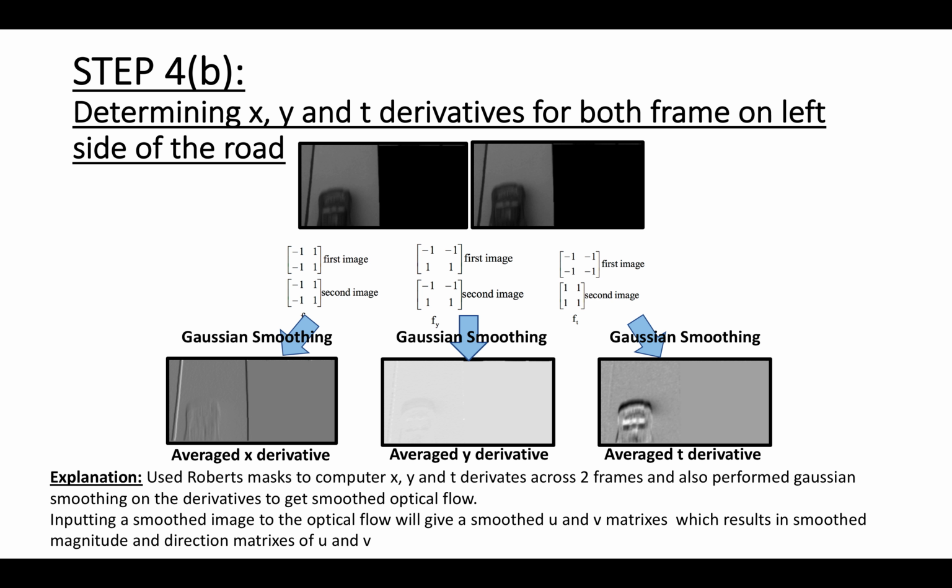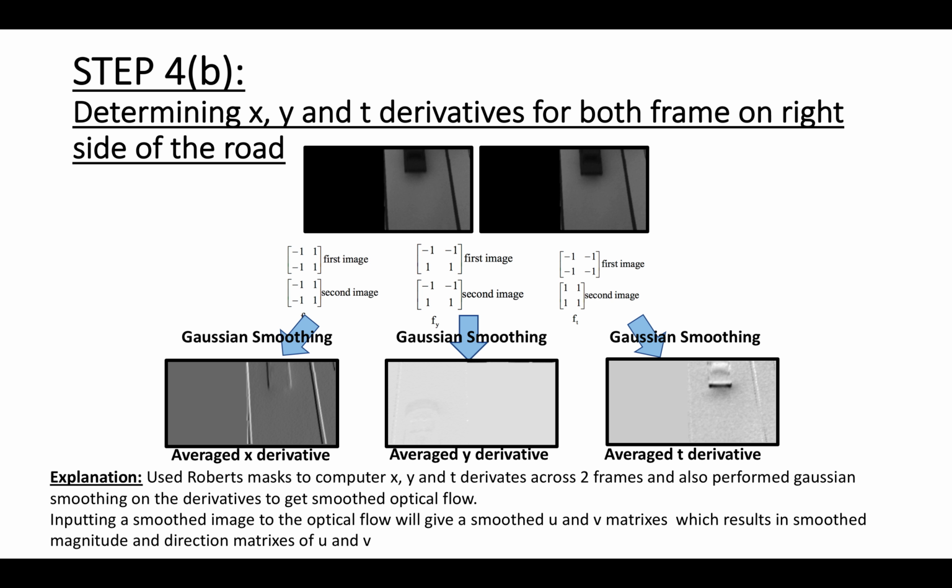To determine X, Y, and T derivatives from both the frames, I used the Roberts masks of 2 by 2 dimension, and after obtaining the X, Y, and T derivatives, I performed smoothing on them because the derivatives obtained were not very smooth, so smoothing them was another important criterion here.